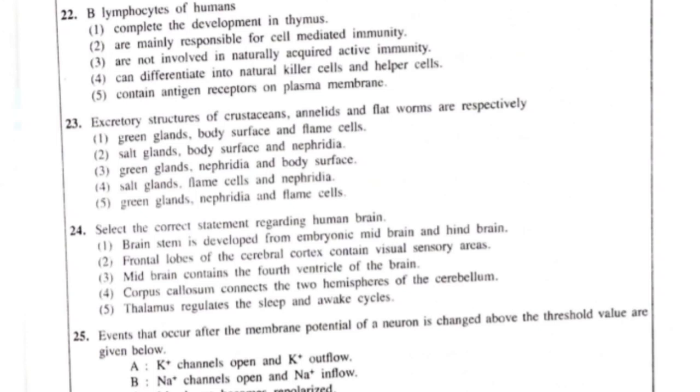Question number 25. Events that occur after the membrane potential of a neuron is changed above the threshold value are given below, and we have to arrange them in the correct order. So after the membrane potential of a neuron is changed above the threshold value, that simply means this is about the action potential.